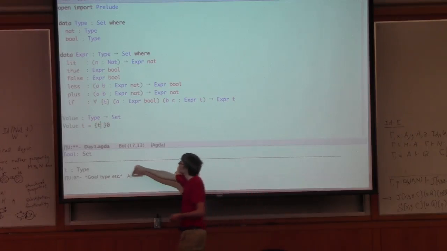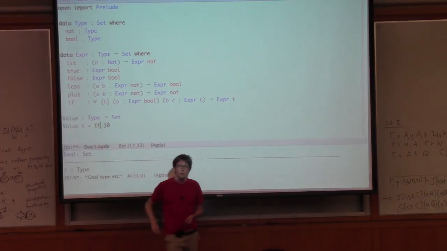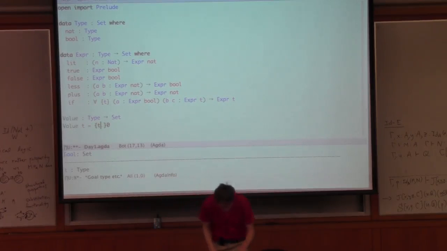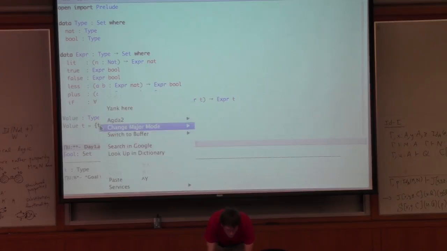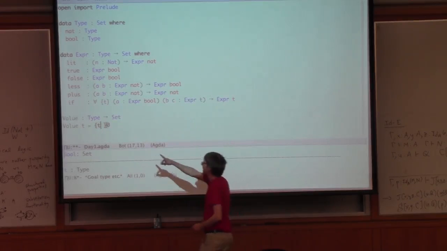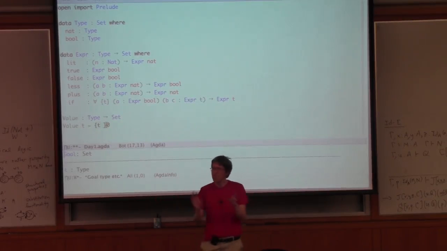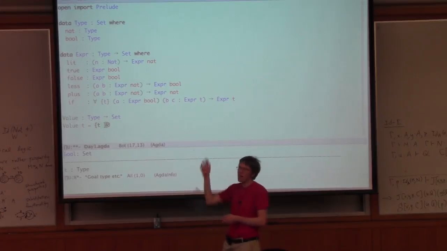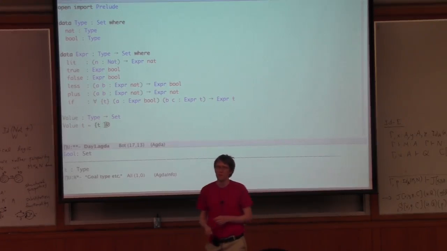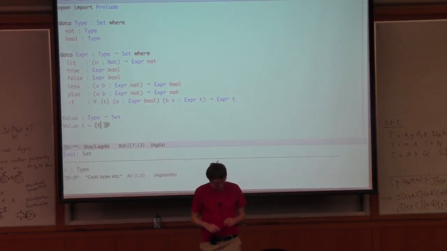So I type t into the hole, and then I hit Control-C, Control-C. Now it would be instructive if I could show you the right-click menu that's supposed to be here, but for me it doesn't work. On some systems, when you right-click in a hole, you get a little menu of options. Fortunately, I know the shortcuts, so it's not really a big deal for me.